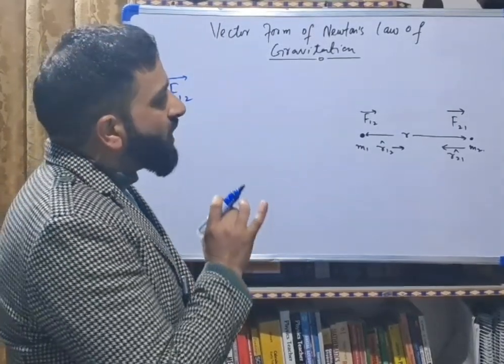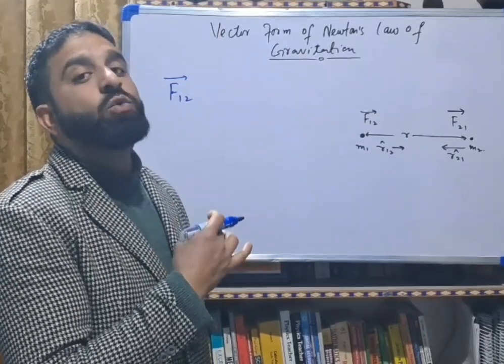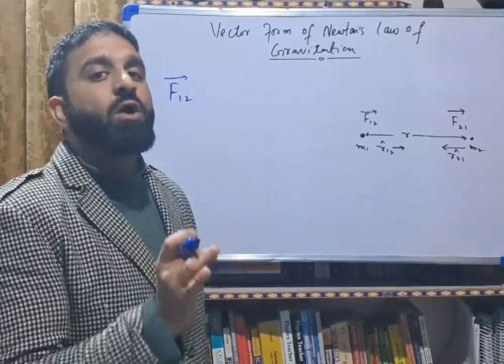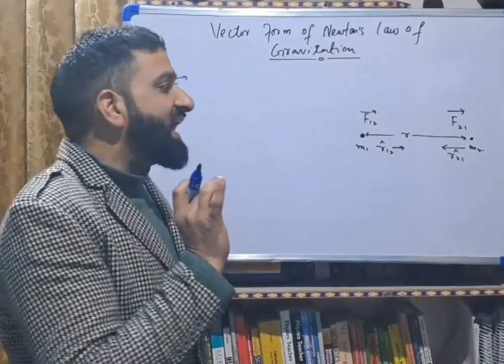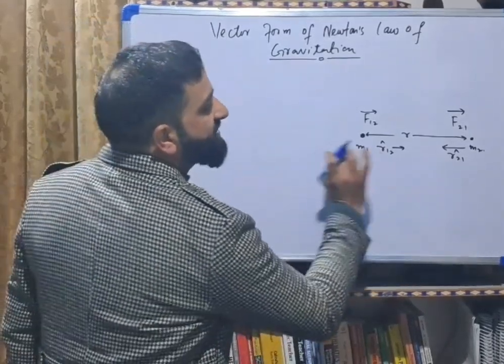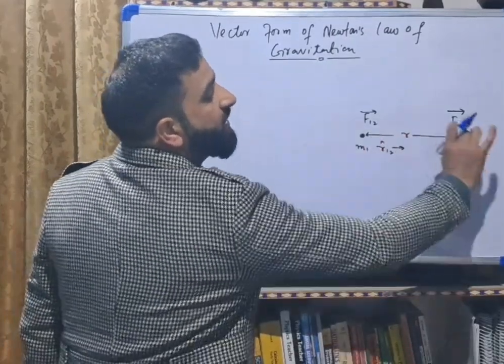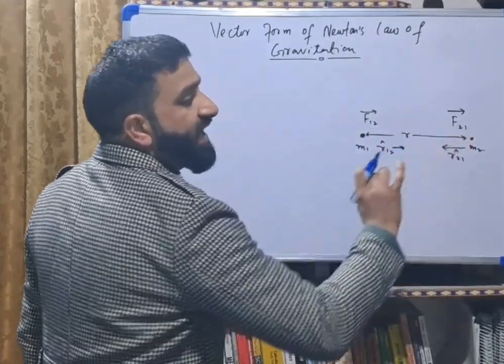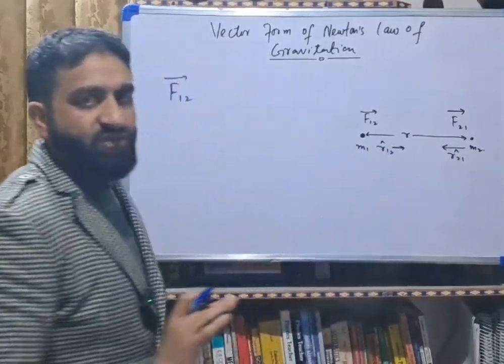So F12 is the force on body 1 due to 2. That means when it is an attractive force, the force of attraction is along r12. The body is pulled towards m2. That means the direction of the force is r12.